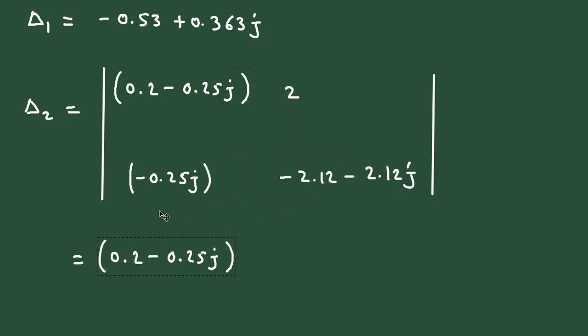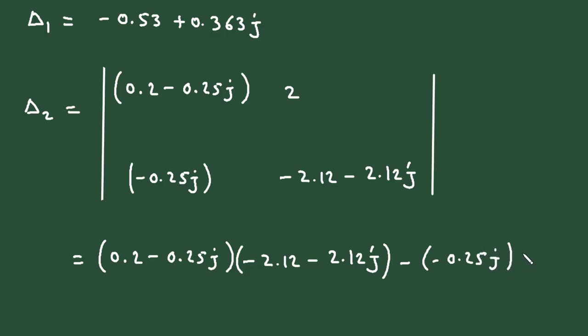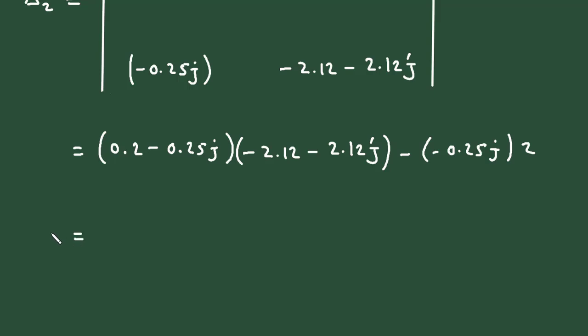Let's multiply this into this. This into this minus this term into this term. So minus 0.25j multiplied with 2. So now we get the value of delta 2.